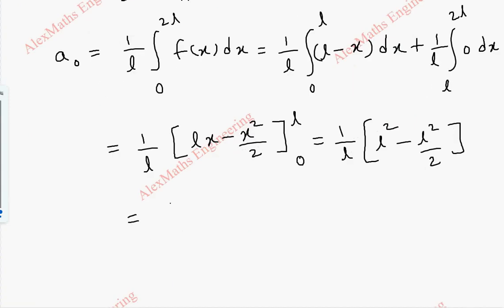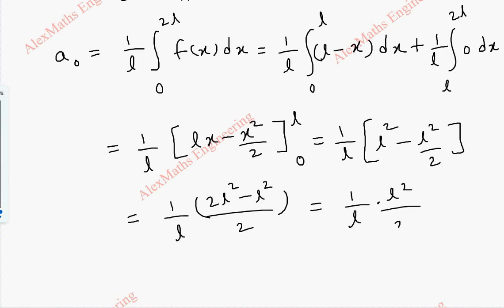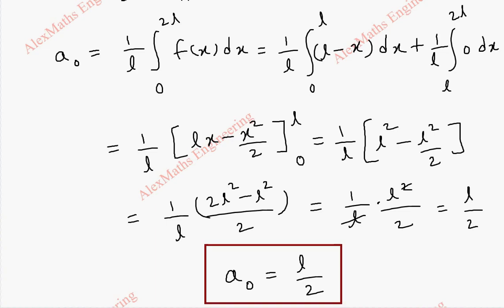So finally, we get 1 by L, and this by taking LCM 2L square minus L square, and this will be 1 by L into L square by 2. After cancelling this, we get L by 2. So finally, we got the a naught, which is L by 2. So this we keep it separately.